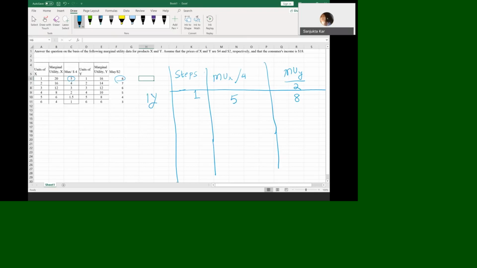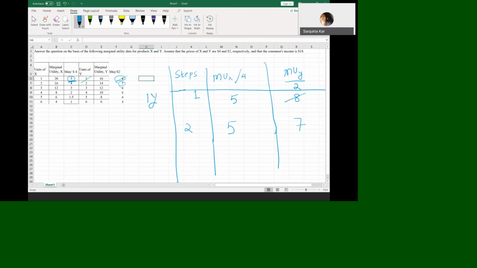So I'm going to strike this 8 out because the consumer already purchased the first unit of Y. Now take a look at step 2 here. I did not really purchase any X, so compare 5 to this number, which is 7.